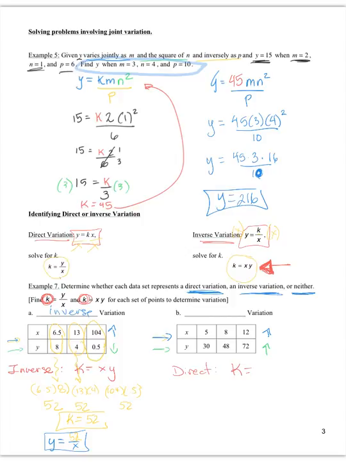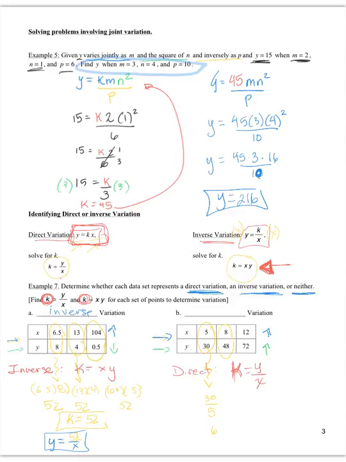Now the relationship for k for direct variation is y over x. Now don't get confused by the fact that you say direct and you see a ratio over here on the right-hand side. This is for k. This is not the direct variation function where y is isolated on the left-hand side. But let's go ahead and investigate our k's. So if I take the ratio of y over x, what do I get? 6.